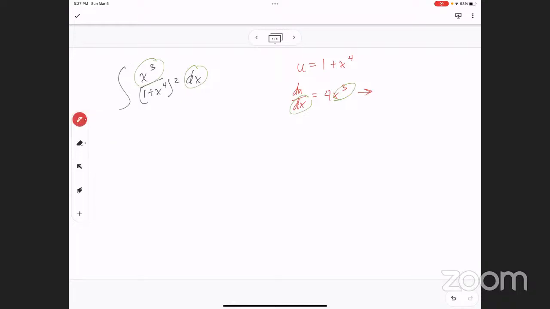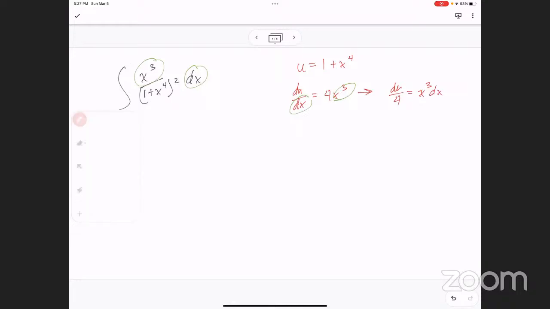I'm going to multiply the dx over, so it's x cubed dx on the right, and I'm going to divide by 4. Again, there are other ways that teachers teach this sometimes, but to me, that's the most straightforward algebraic way to make sure you don't make any silly mistakes.